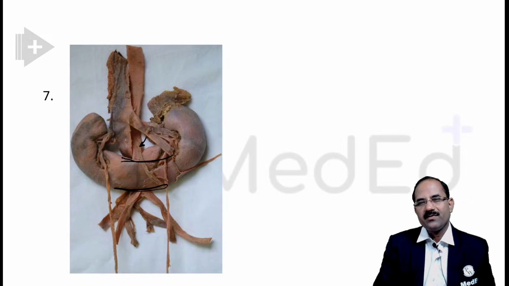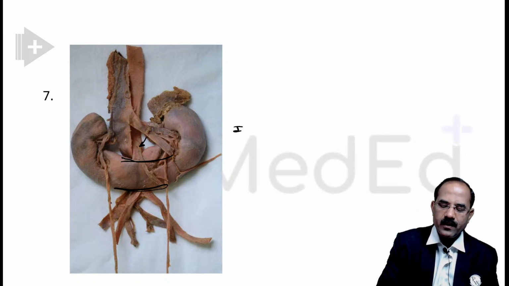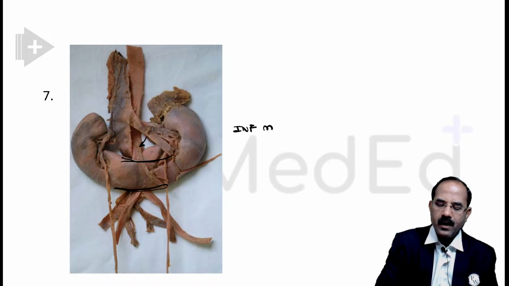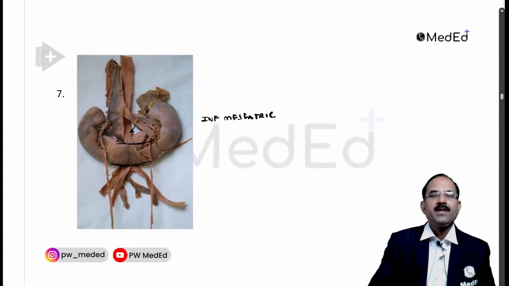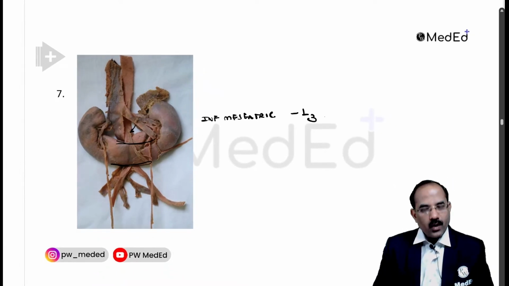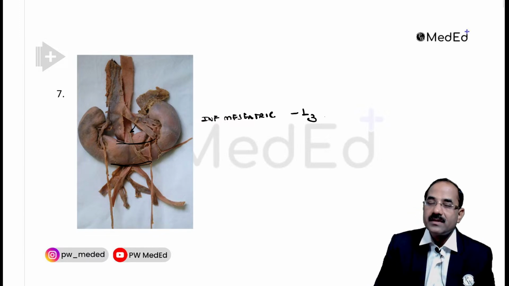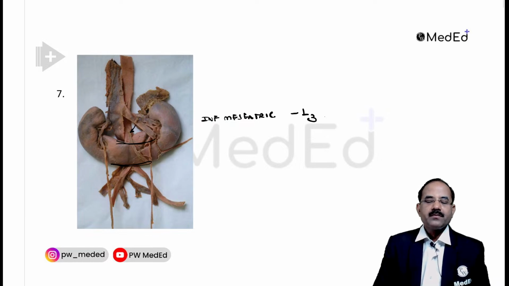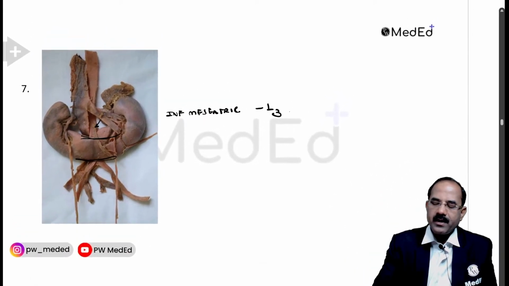What is this artery which limits the ascent of the kidney? That's the inferior mesenteric artery. So a horseshoe-shaped kidney remains at which vertebral level? L3. Remember this. L3.